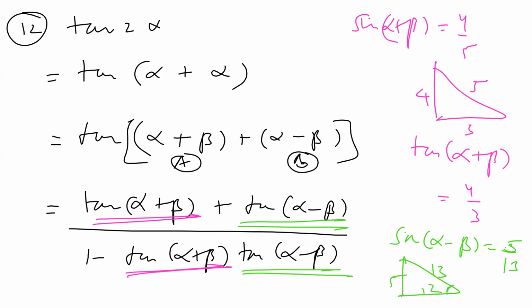This angle is alpha minus beta, and this was alpha plus beta. Look at the triangle and tell me what is sin alpha minus beta. Sorry, sin alpha minus beta is 5 by 13, and tan alpha minus beta will be 5 by 12. So these values we have, you can put them over here and prove.